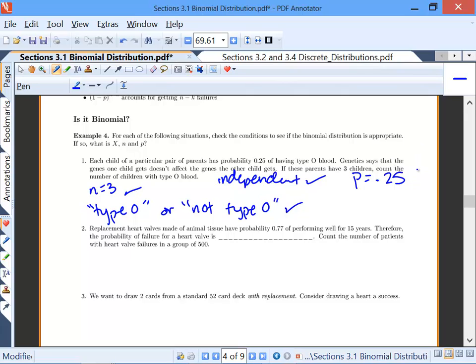So we're good, this is binomial. And finally, what would X be? Not as a number, but how are we defining this random variable? Number of children with type O blood.